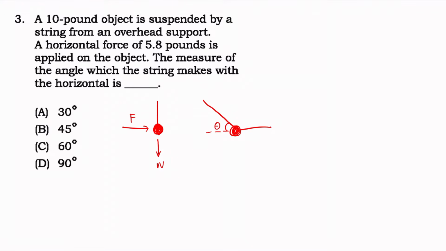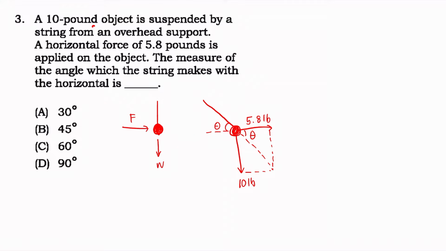So, we know that the force is equal to 5.8 pound, diba? And then, yung weight is equal to 10 pounds. Nakalagay dito. Okay, so we're going to solve for the angle with respect to the horizontal. So, ito yung angle na yon.